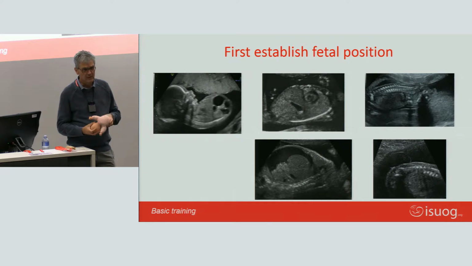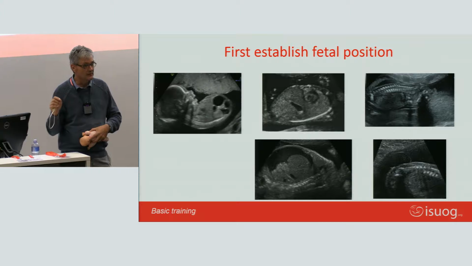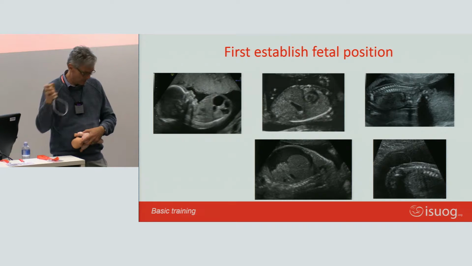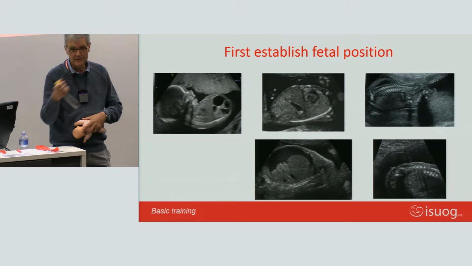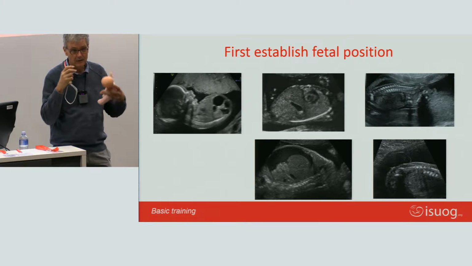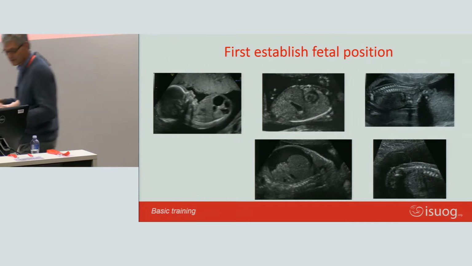And once you've worked out the relative position, then you know when you start scanning. Work out the position of the baby in the mom's tummy, take away the probe, scratch your head, and then say, if I want to measure the femur, then I know I must go there. And practice that for yourself to really work out how well you visualize the fetal position.